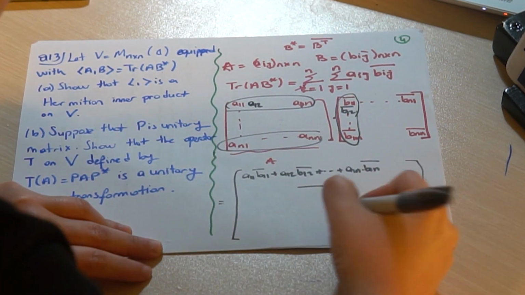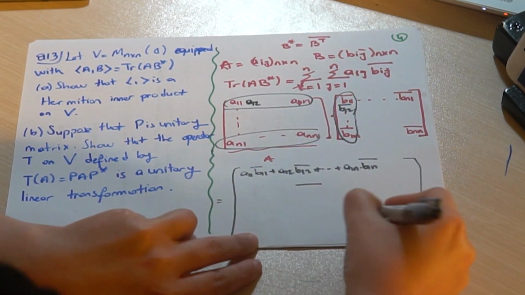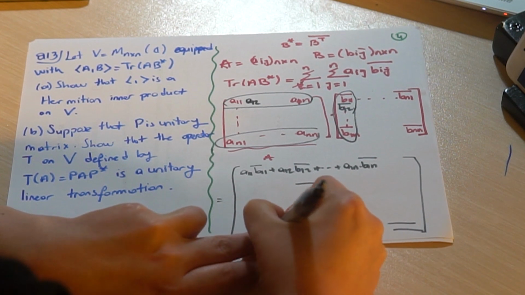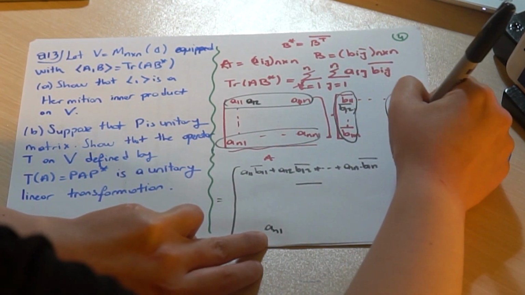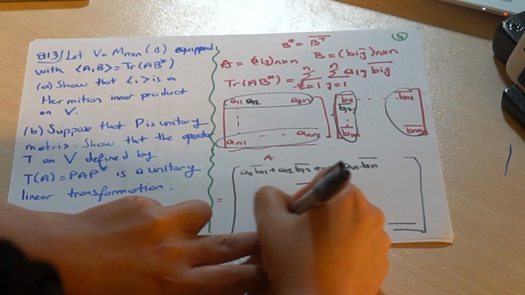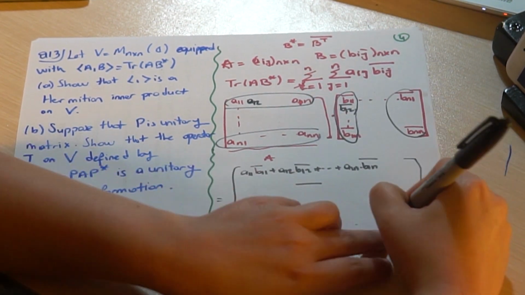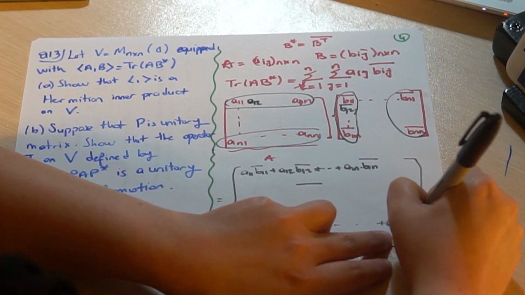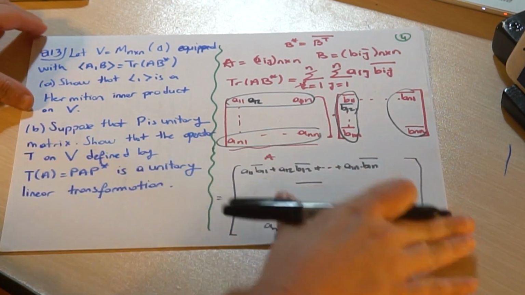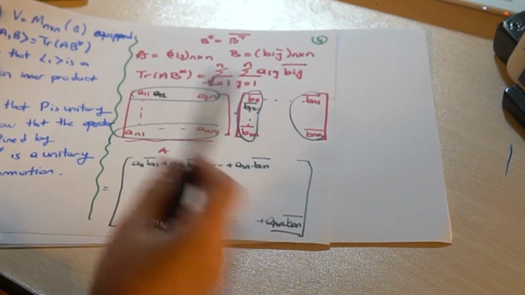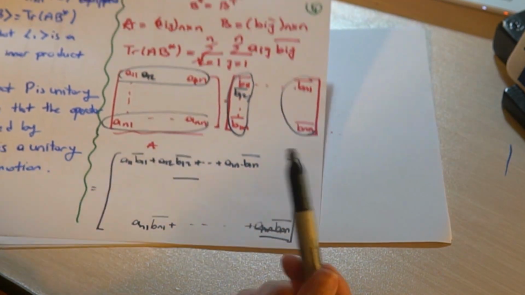So for example, at the place nn we will have An1 times Bn1 conjugate, this goes like this, plus Ann times Bnn conjugate, right? So this was what is going on in A times B adjoint.